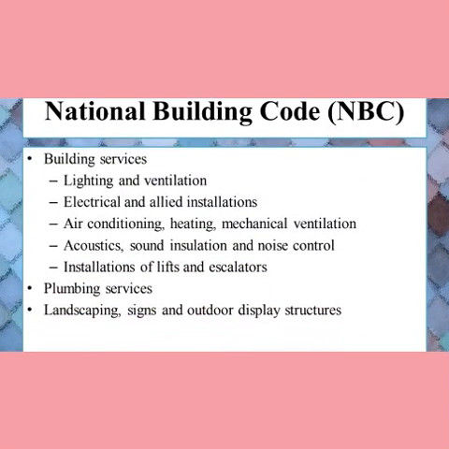And then building services: lighting and ventilation, electrical and allied installation, air conditioning, acoustic sound insulation, installation of lift and escalator, plumbing services, landscaping, signs and outdoor display structures. These are the sections in the National Building Code (NBC). In all the sections we have some required rules and required conditions which we have to follow in a construction.